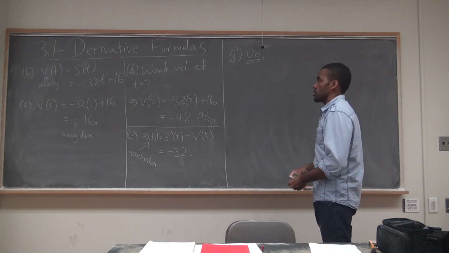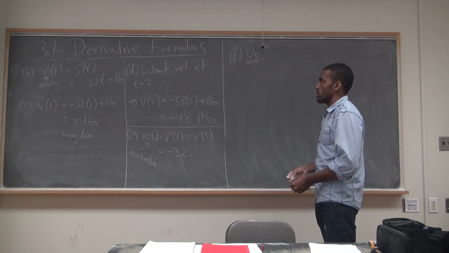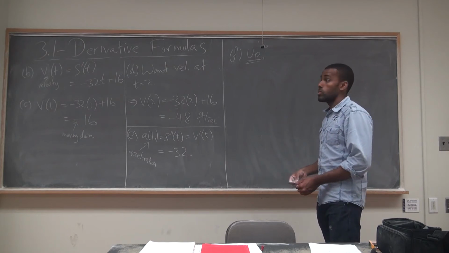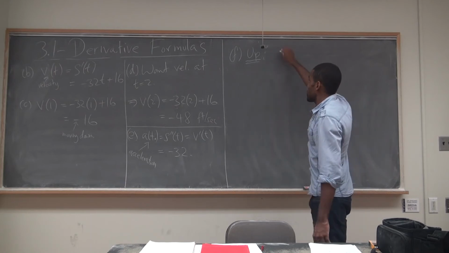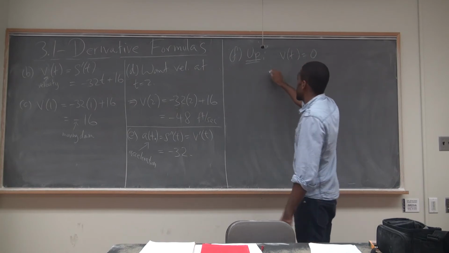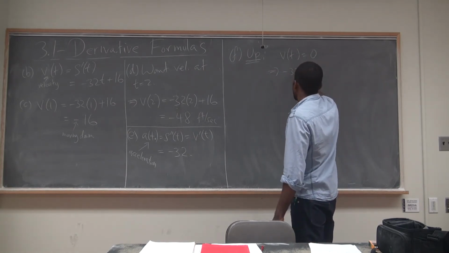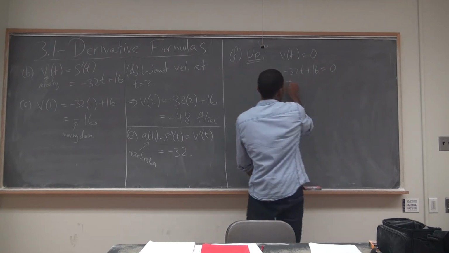Set the first derivative equal to 0. So you set v of t equal to 0, what would that give us? A maximum. How do you know it would be a maximum? Because the tangent line would be a flat line.